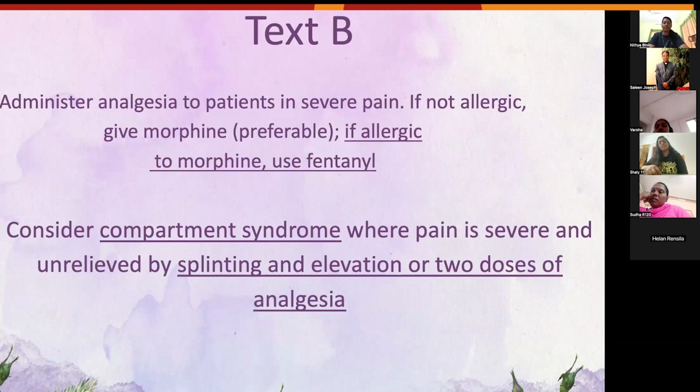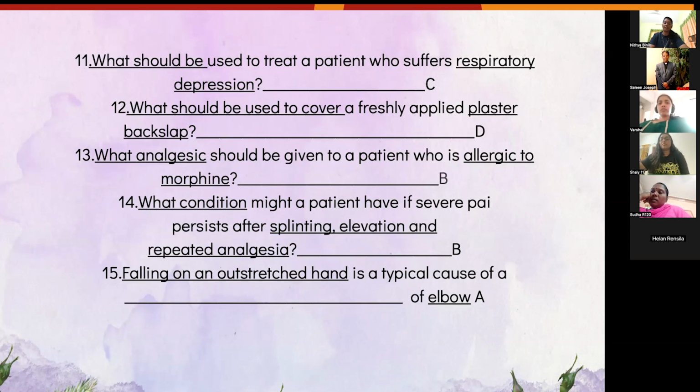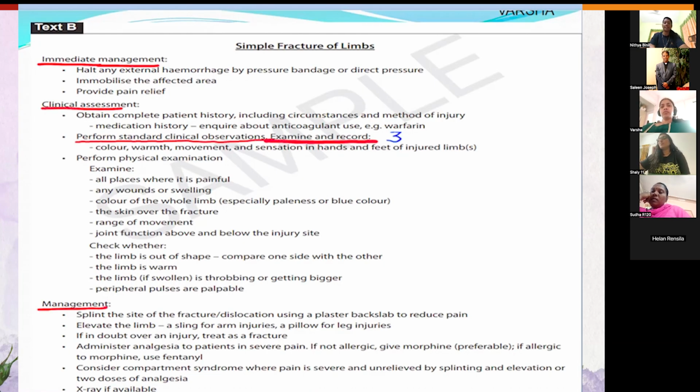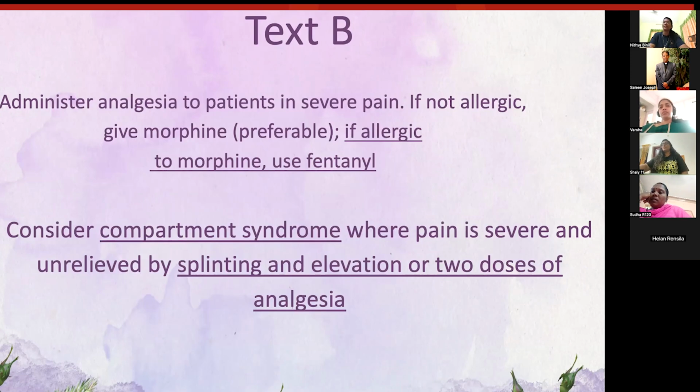Then the next question is: what condition might a patient have if severe pain persists after splinting, elevation, and repeated analgesia? This can be seen in the last portion of text B. Consider compartment syndrome when pain is severe and unrelieved by splinting and elevation or two doses of analgesia.